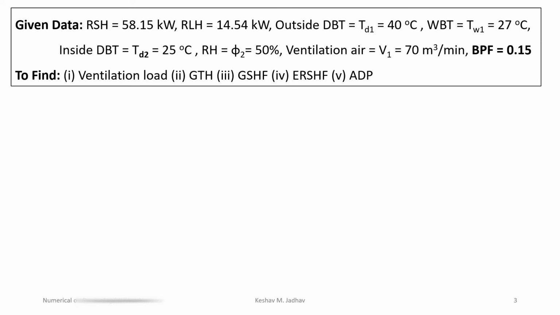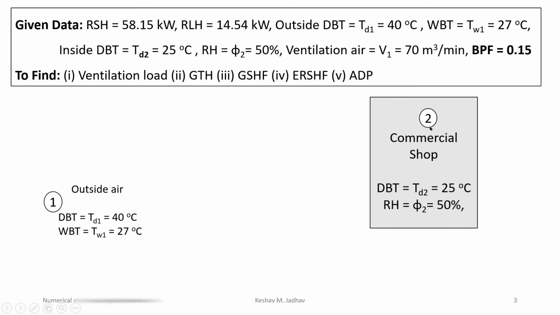So this is the example of summer air conditioning system. So we can draw layout for the summer air conditioning system. So point 1, it is the outside air where dry bulb temperature, which is TD1 is equal to 40 degrees Celsius, and wet bulb temperature TW1 is equal to 27 degrees Celsius. And inside room condition it is point 2. So here dry bulb temperature TD2 is equal to 25 degrees Celsius and relative humidity phi2 is equal to 50%.